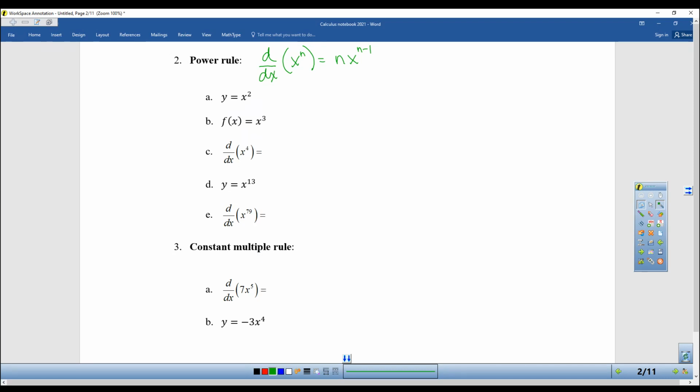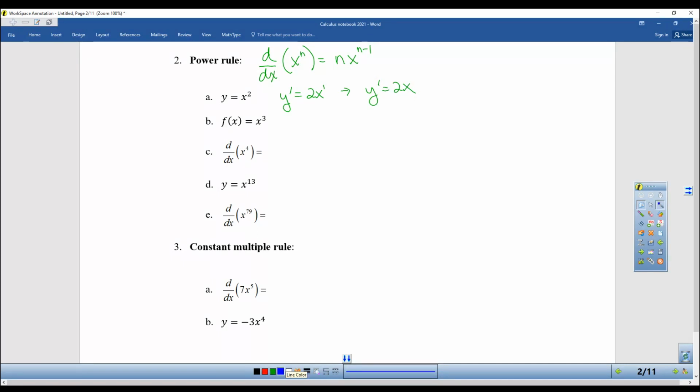I'm just trying to get you used to them. The actual rule is a snap. So if you understand this concept, by all means, fill them out real quick and then just look at the answers. If y is equal to x squared, then the derivative, which we denote y prime, is 2x. I bring the 2 out in front and I make it x to the first, but nobody writes that. We would just write y prime is equal to 2x.